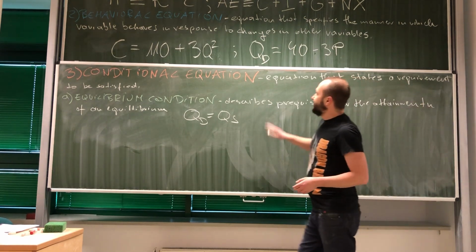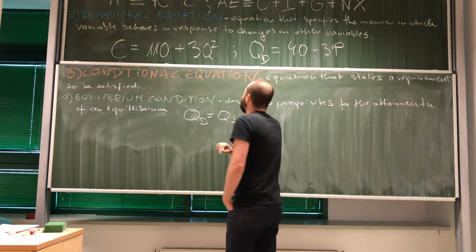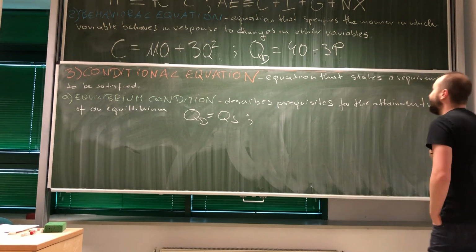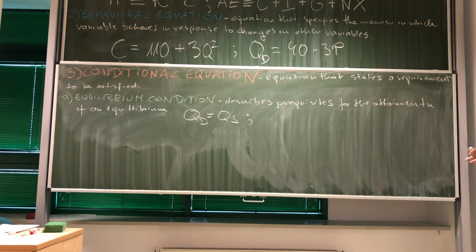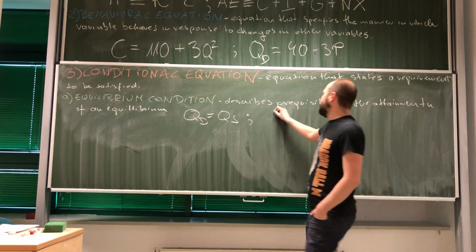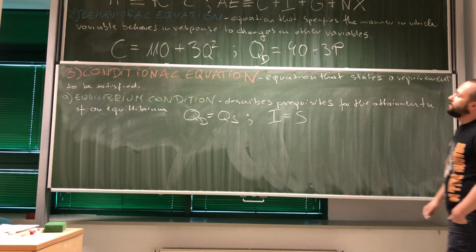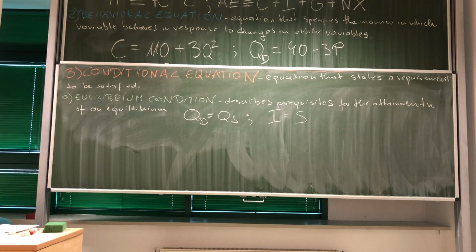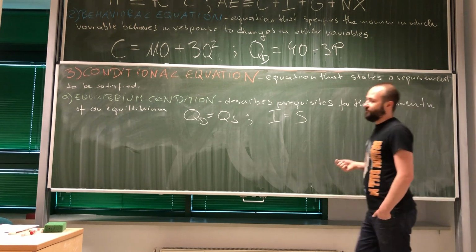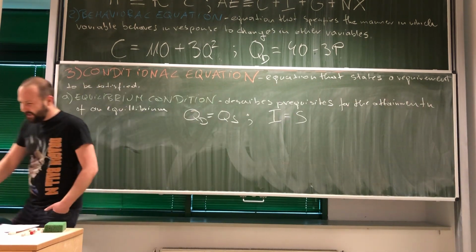Other example, again now, this is going to be from macroeconomics, and I know you haven't done it yet, is a very famous investment equals savings, a condition that again we're going to actually go back to in the future.